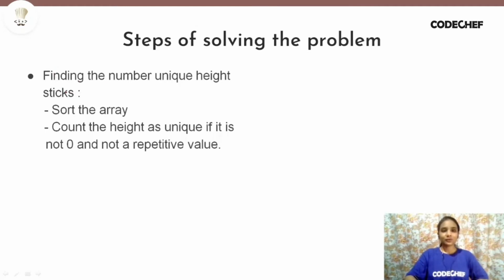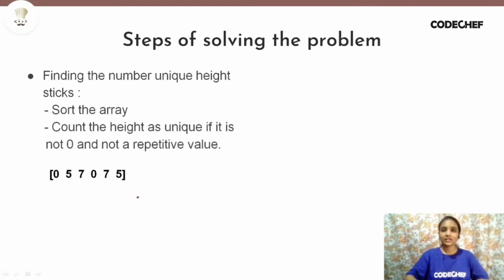In the first approach, to find the number of unique height sticks, we'll sort our array which contains all the heights of the sticks, and then we will count the height as unique if it is not 0 and not a repetitive value. So what does this mean? Suppose we have an array with these heights 0, 5, 7, 0, 7, 5.